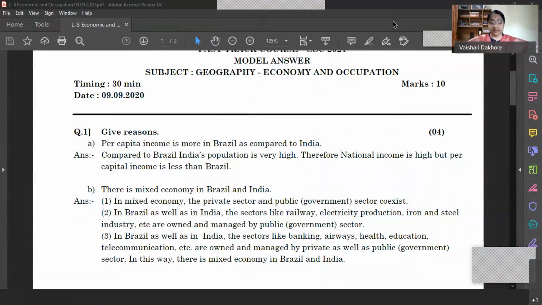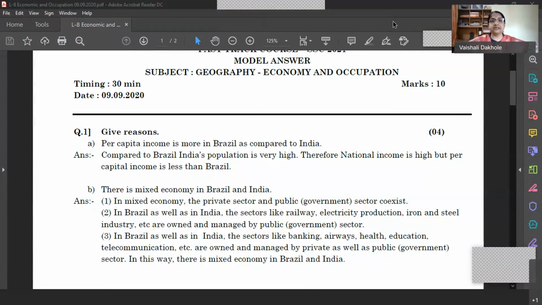As we have seen earlier, there are three types of economies: mixed economy, socialist economy, and capitalist economy. Capitalist economy is profit-based economy. That means whatever the sources of income or means of production, they are actually owned by private individuals or capitalists.